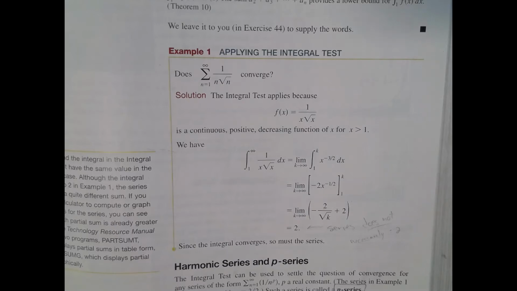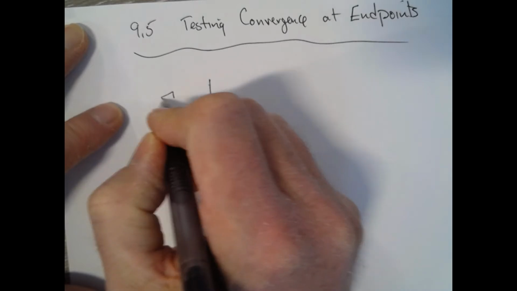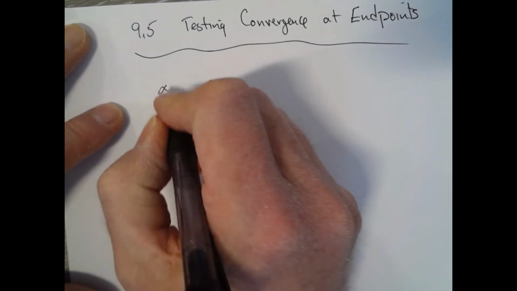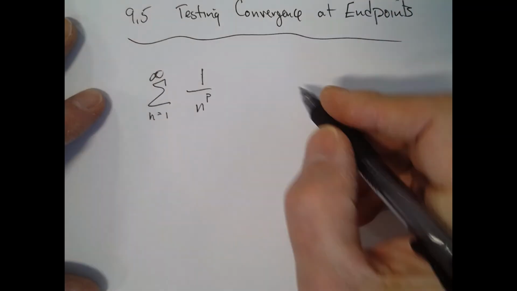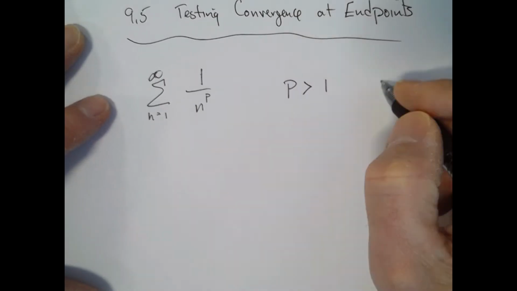Can you explain the p stuff again? Yep, you bet. So if the integral or series, if it's 1 over n to the p, I'll do it with just the series. If p is greater than 1, it converges.